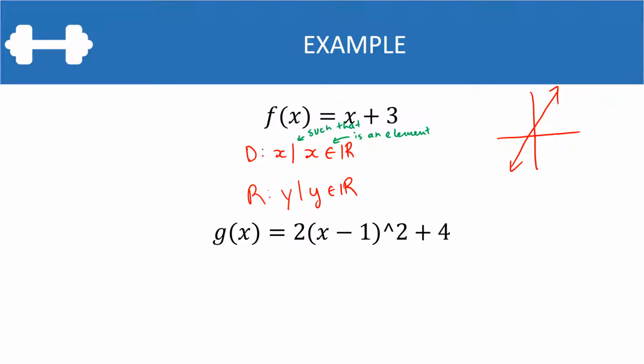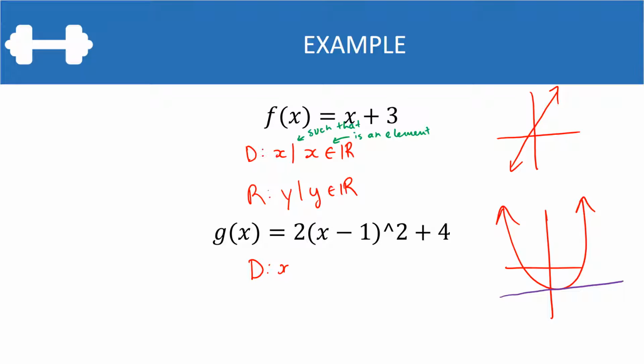Now if I look at a quadratic, it's a very similar idea. A quadratic in general will extend for all x values, but there is always a cutoff for the y values. If I look here, I have a minimum, and so I don't have any y values below whatever the y value of my vertex is. So that's going to be important to note because that's going to restrict my range.